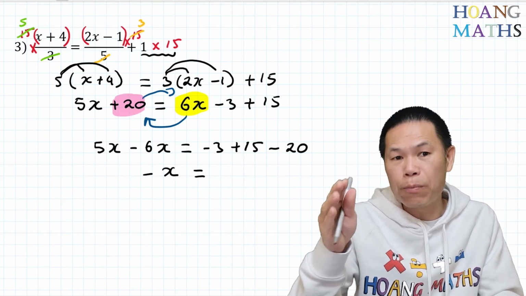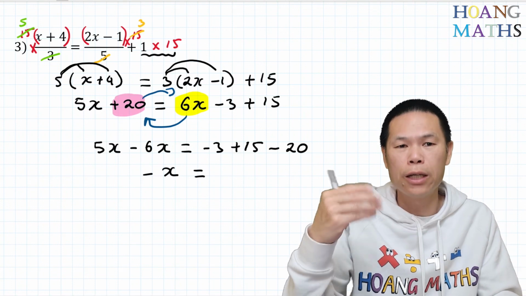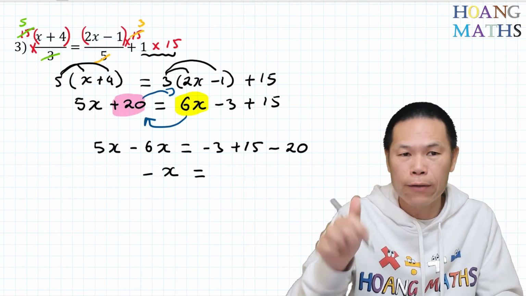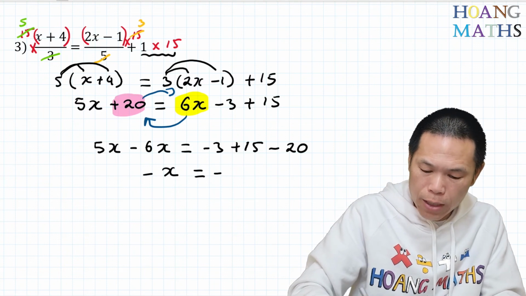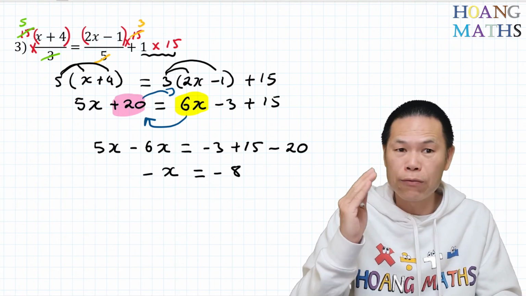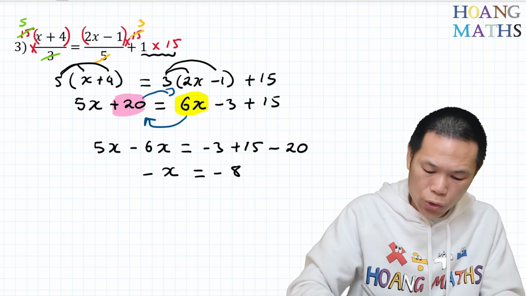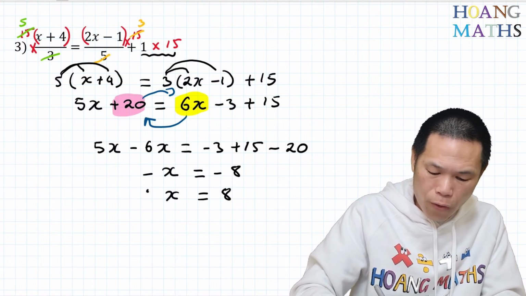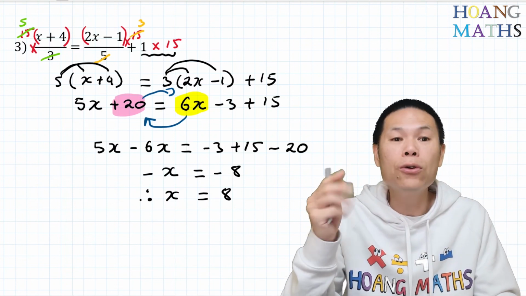And then negative 5, we're going to minus another 3. So negative 8. Otherwise, just put that on your calculator. You should get negative 8. Okay. So now divide both sides by negative 1. You should get x is equal to 8. So therefore, x is equal to 8.